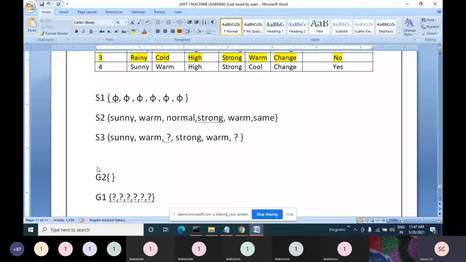When I update my most generic hypothesis, what is the rule? How to update my most generic hypothesis? Please observe this point carefully. This is very, very important.